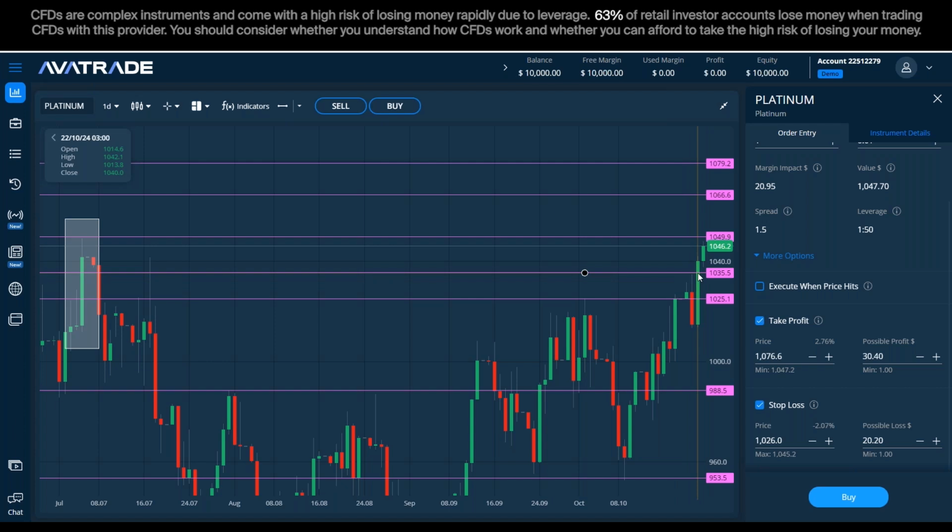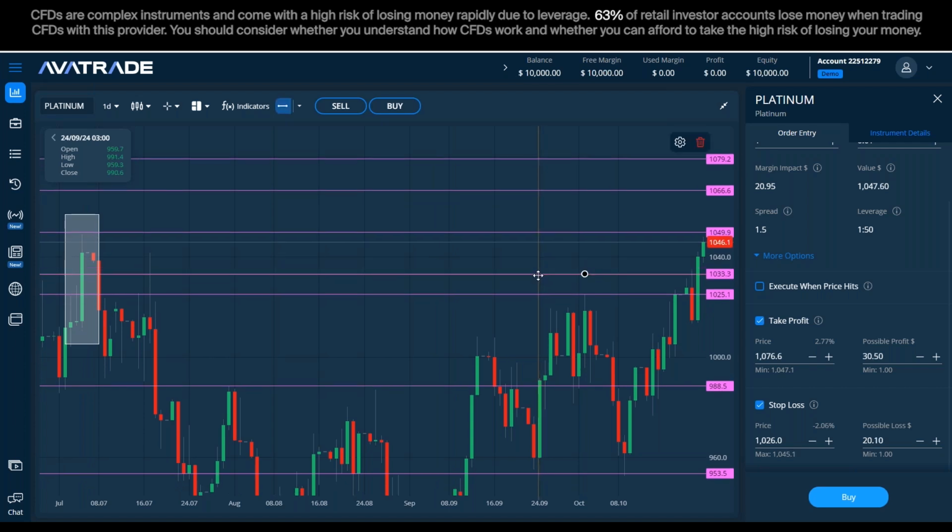And if it gets back to 1035, I wish to take a buy. Then even if it doesn't get to the resistance, I can still grasp the $20 here. Let's take it a little lower. I can even make it 1030.